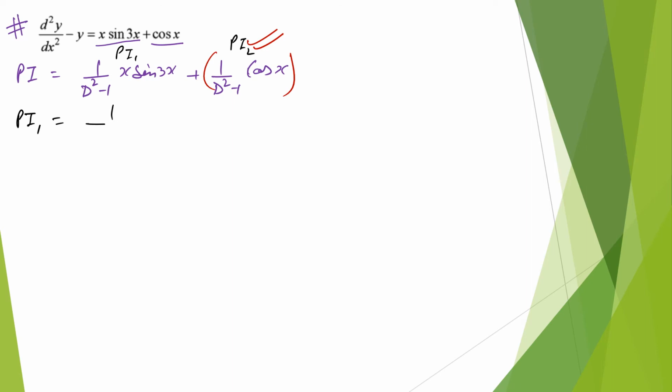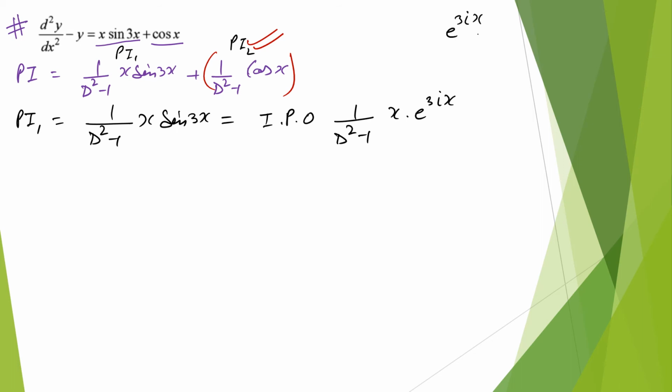If we say this is PI1 and this is PI2, particular integral second. So PI1 is equal to 1 over d square minus 1 x sin 3x, which is the imaginary part of 1 over d square minus 1 x e to the power 3 iota x, because as per the formula e to the power 3 iota x is equal to cos 3x plus iota sin 3x.